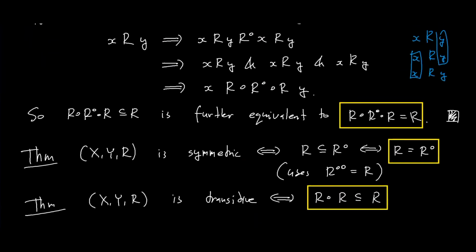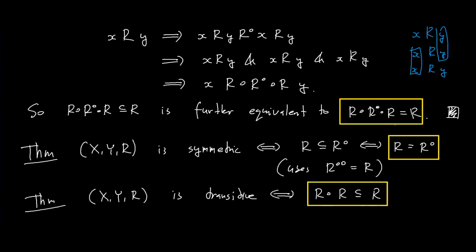So I just wanted to show you this kind of something that people sometimes call calculus of relations, where you try to express your properties of relations in terms of composition of relations.